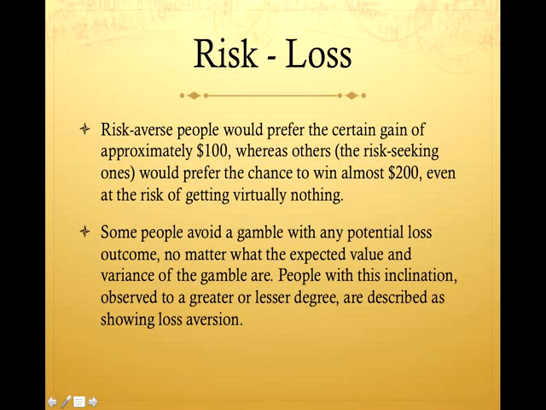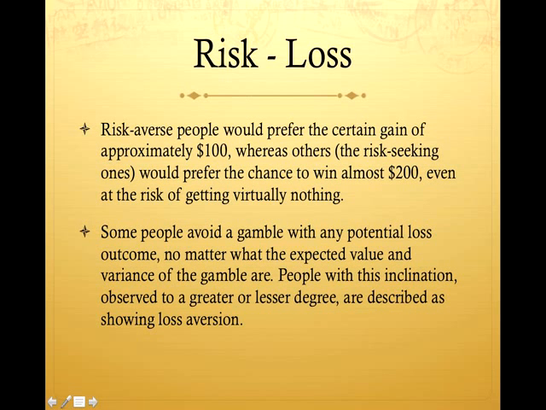So if I do this thing, I will absolutely get $100. So they make these gambles where they say, if you pick gamble A, you'll make $100. If you pick gamble B, you might win $200. People who are risk averse will take the $100 over the $200 or nothing. People who are risk seeking prefer the chance to win the $200 even if it means they won't get anything.